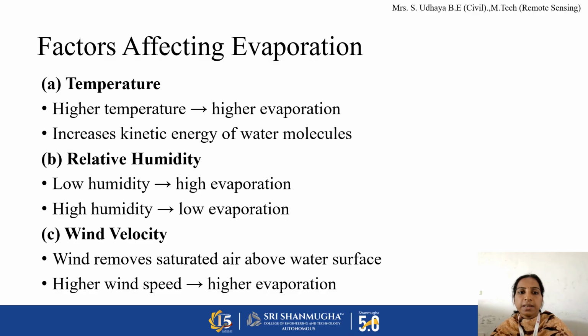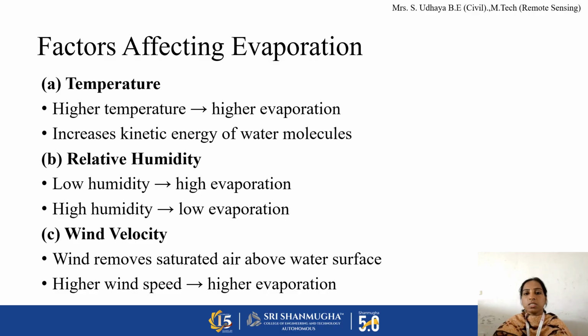Regarding relative humidity, whenever there is low humidity, the evaporation rate increases, because the vapor absorption rate is high. When the humidity is very high, the evaporation rate is considerably reduced.